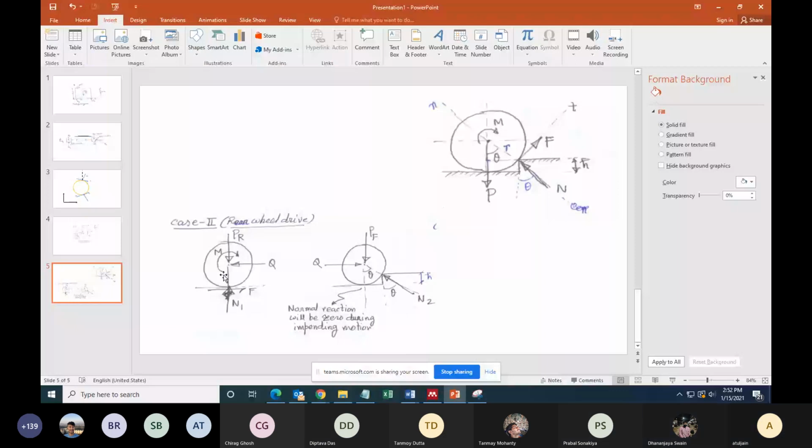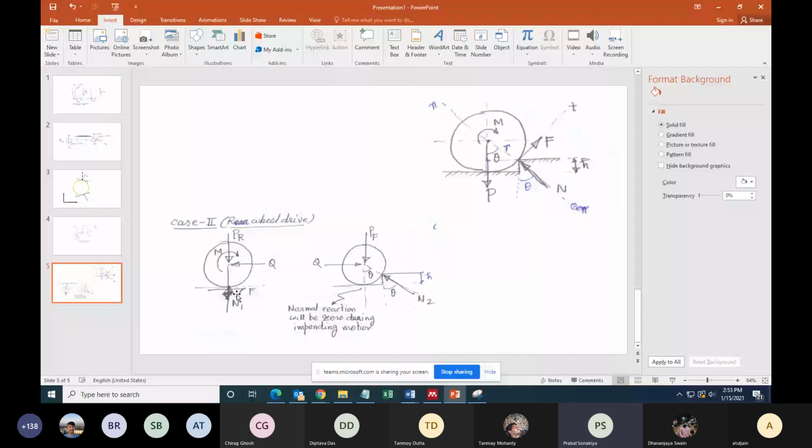Okay. Sir, why is there no friction at the front wheel? I still don't get it, because due to N2 there should be a friction. But this friction in the rear wheel is the factor for impending or non-impending motion. That's why. So that is the case we will consider, but in the front wheel, why is there no friction?